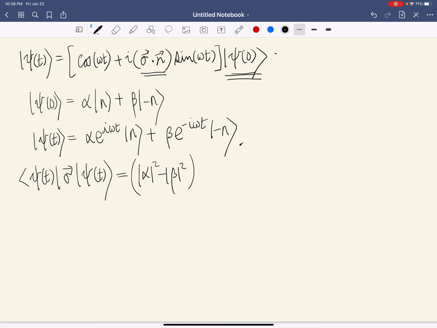So you're going to find this term, and then you're going to find alpha, beta star, star meaning the complex conjugate, and this kind of overlap, plus its complex conjugate.